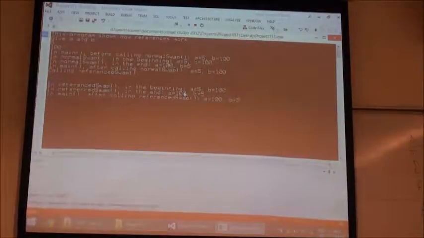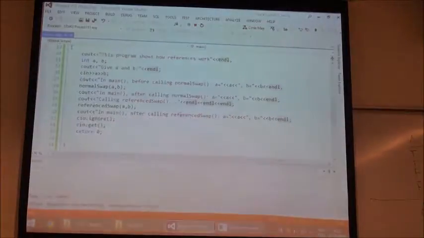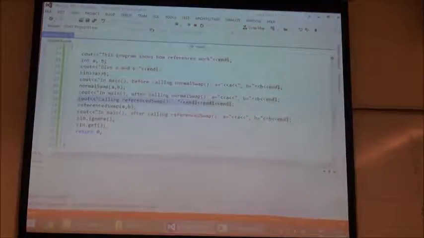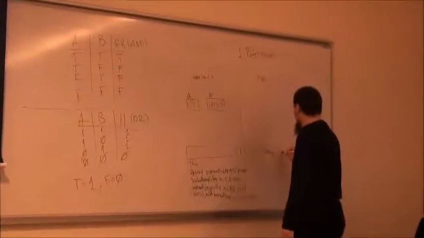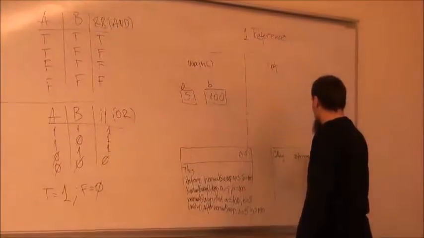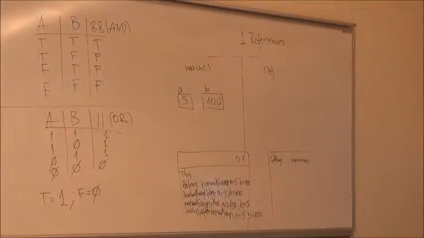Let me tell you how it's working. Again, I'm calling referenced swap, so up until now, the output is the same. Let's start from here, because we already covered the previous part of the code. I'm printing calling referenced swap, and I'm really calling it and sending A and B, but as a reference.